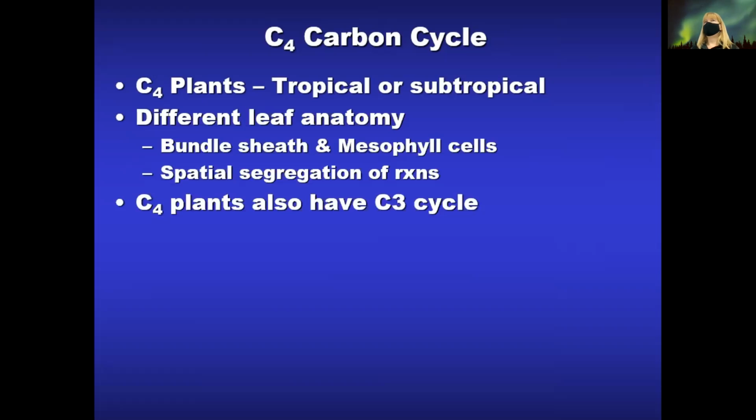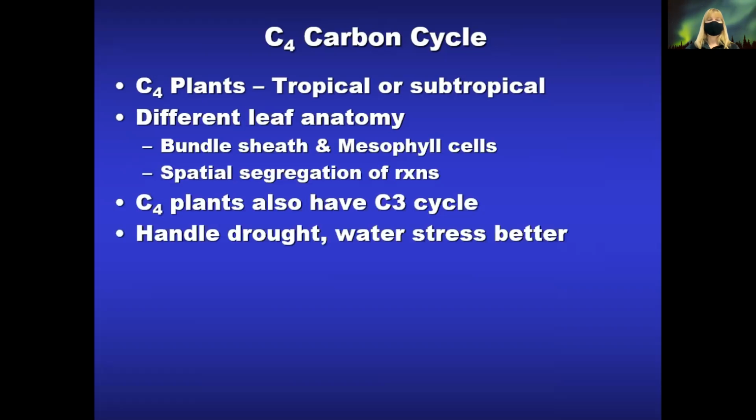It's just some plants have adapted extra cycles to tack on to this. All right. And so the C4 plants, I like to think of it as the C4 cycle is kind of tacked on to the front end of the Calvin cycle to modify it so that it's really favoring the Calvin cycle to keep going and to minimize how much the PCO cycle runs.